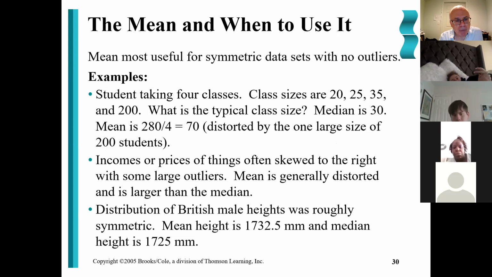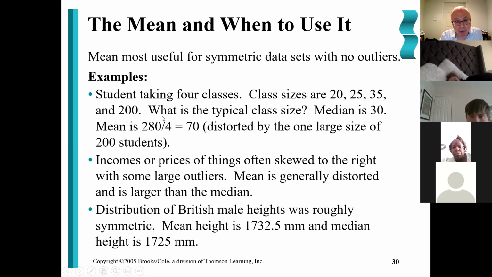All right, and then they give some examples here of why we wouldn't necessarily want to use the mean. For example, if we have 4 classes and the class sizes were 20, 25, 35, and 200, and we want to take the mean, it's going to be what? It's going to be 70.